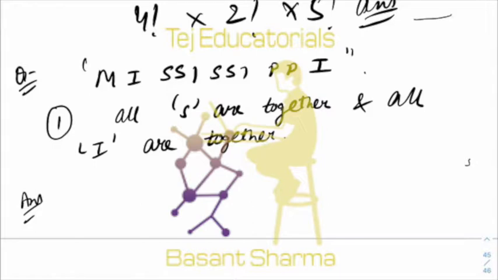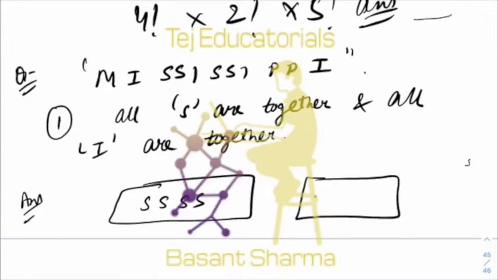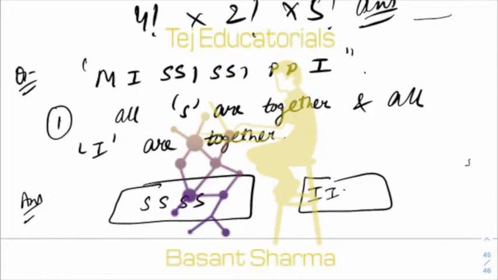So this is pretty straightforward. Put all the S in one block, put all the I's in another block, and remaining we have three spaces for M, P, and P.